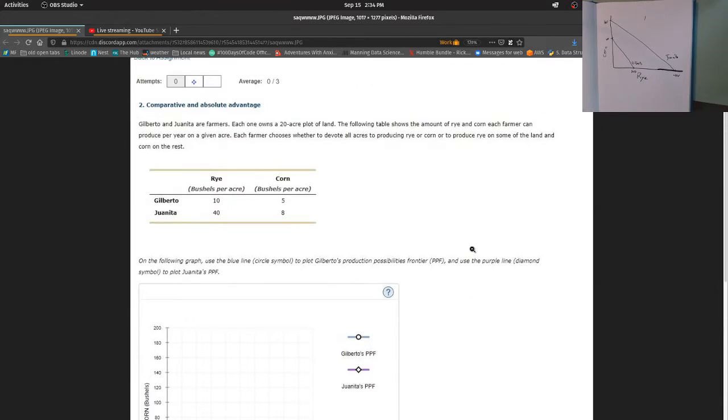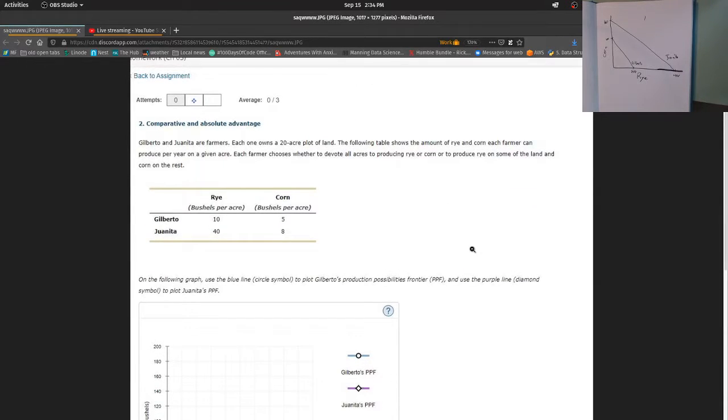We are dealing with a straight line, constant marginal cost trade-off between these two. So if Gilberto spends half his time on each, he gets 50 plus 100, and that's not changing, right? It's not the more realistic bowed out one, where some of his land is really good for rye and some is really good for corn.